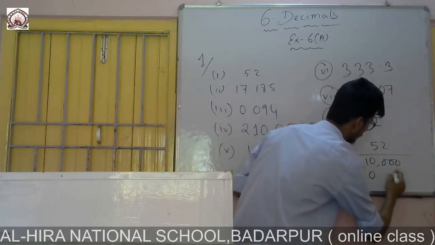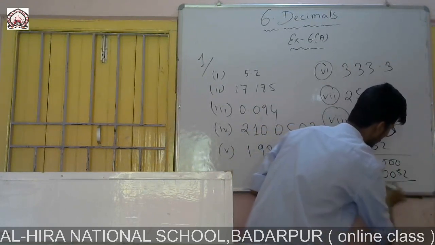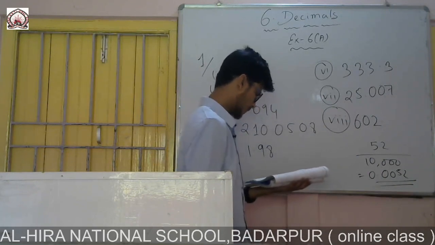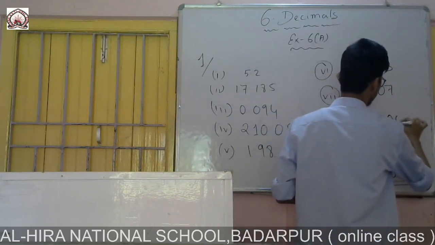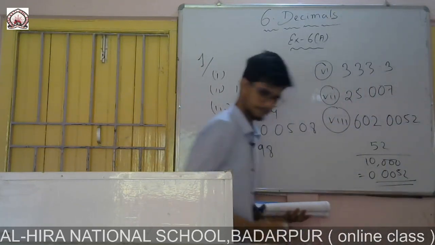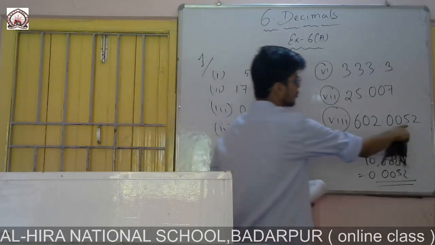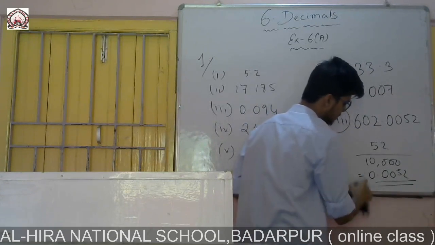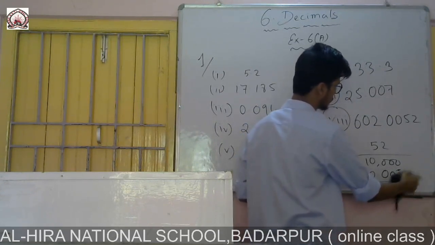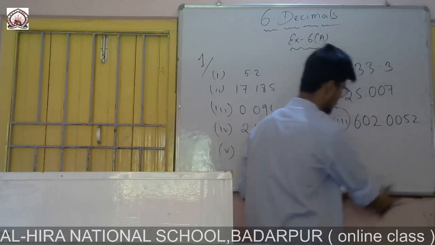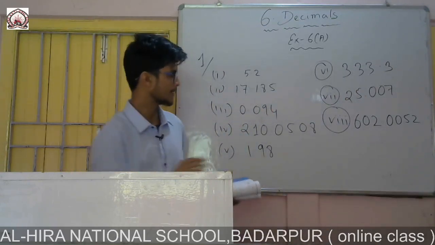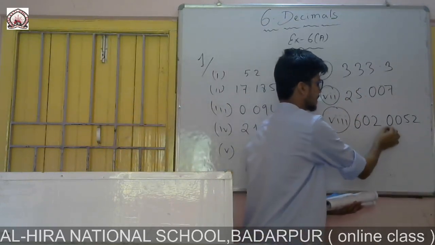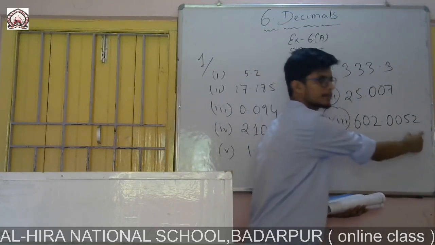Then how many zeros? 2 zeros, then 52, which is 0052. If I write it in decimal, it will be 0.0052. And before the decimal, it says 602. So first of all I wrote 602, then after the point I give 2 zeros and 52.